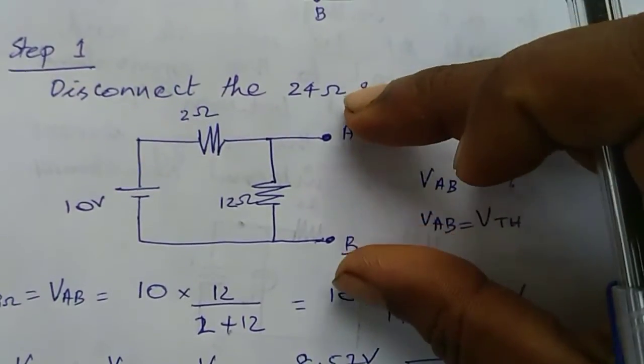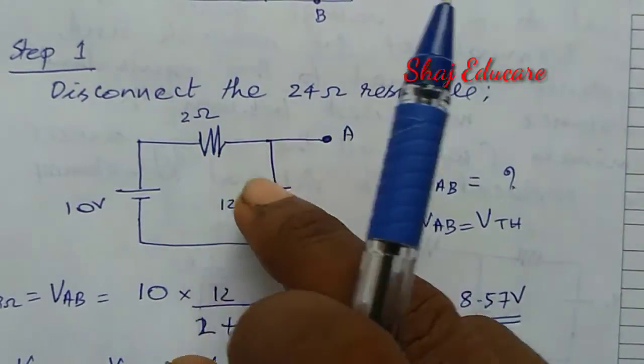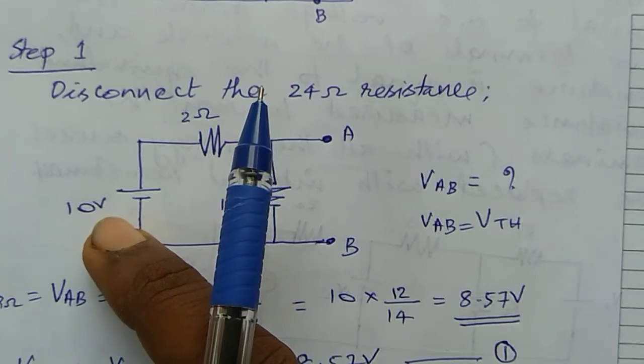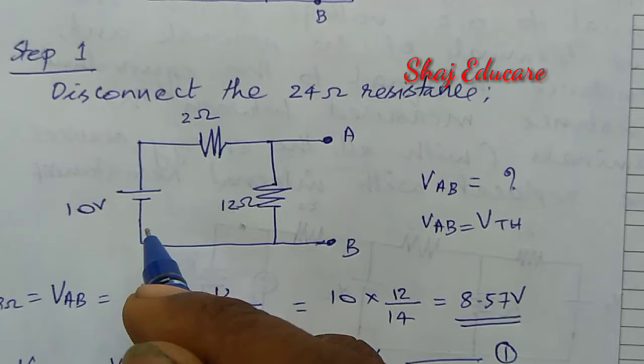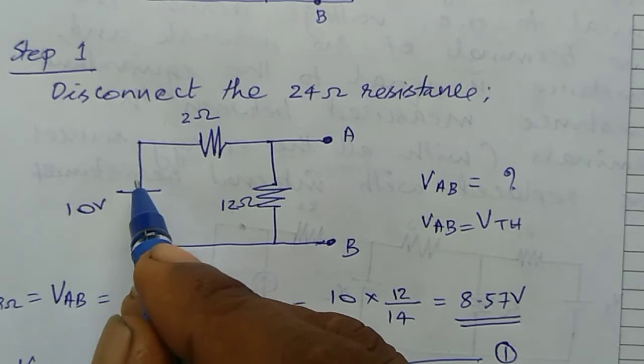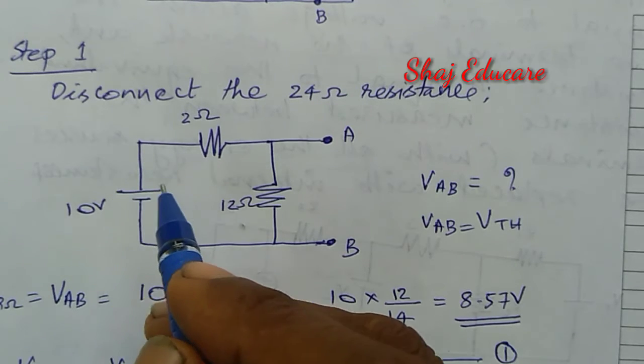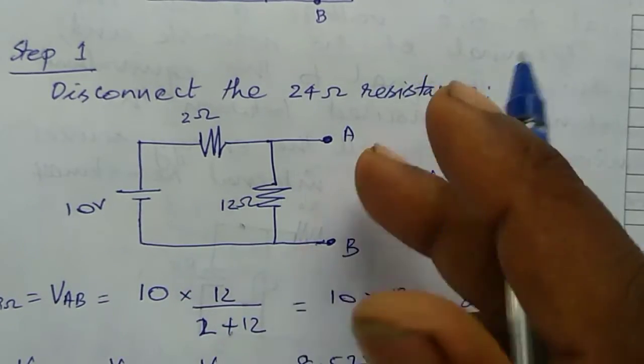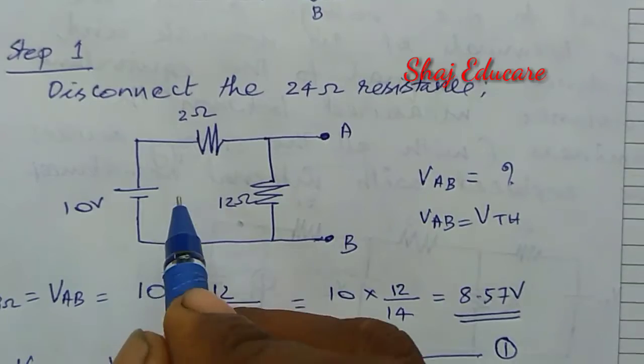How can we find the resistance across here? Here we have two resistances and a voltage source. If a voltage source or current source is there, it is not possible to find the equivalent resistance.